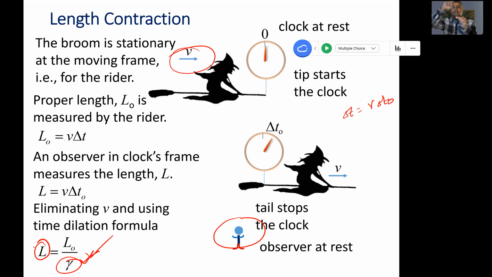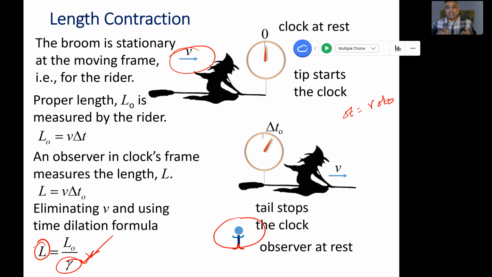Remember, the length does not change perpendicular to the direction of motion. It changes only in the direction of motion, okay? So the other direction is not changing. If it is inclined, yes, it's going to change. But once it becomes perpendicular, no change there, okay?